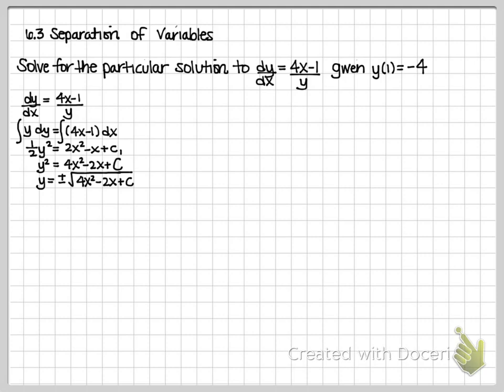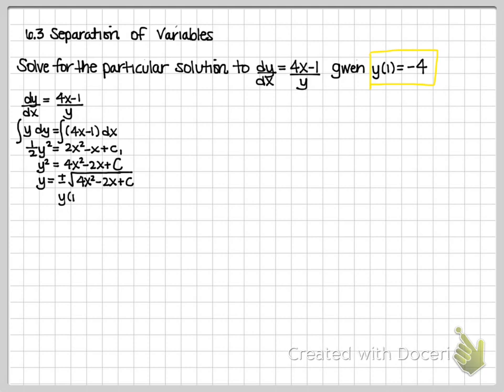So with that said, I'm going to go back up over here to the actual value that was given to me. So I've got that y(1) is equal to -4. Well, if y(1) is equal to -4, I go back over here, that means that I want my y value to be a negative.